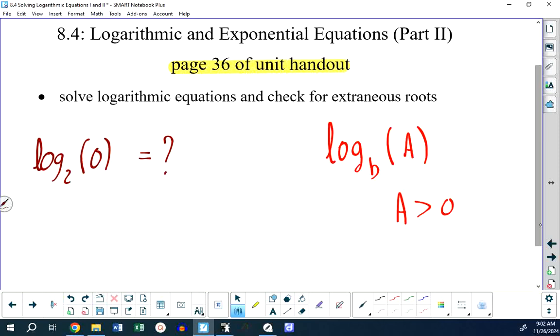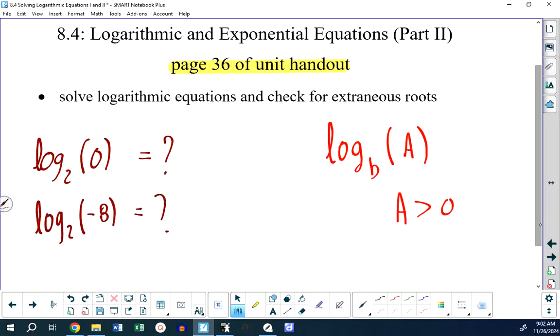Well, 2 raised to any number that's in our universe of math will never give you 0. It'll always give you a value greater than 0, which is why the function 2 to the x has an asymptote on the x-axis, and y is always greater than 0.